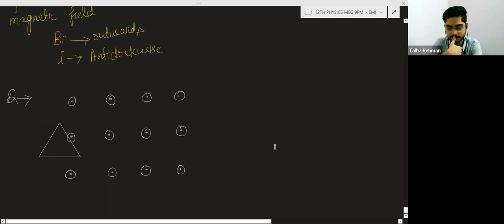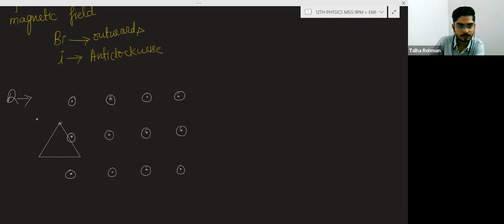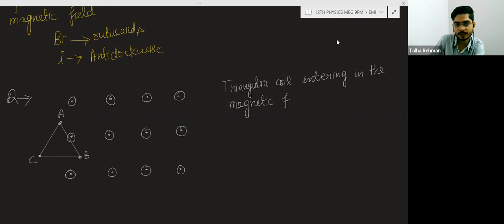So this triangular coil is ABC. What is the direction of induced current in the coil?